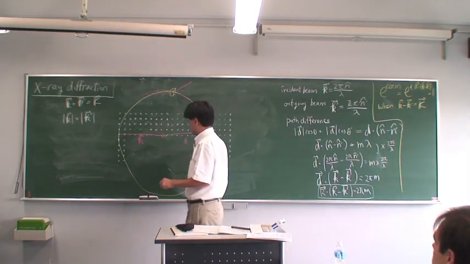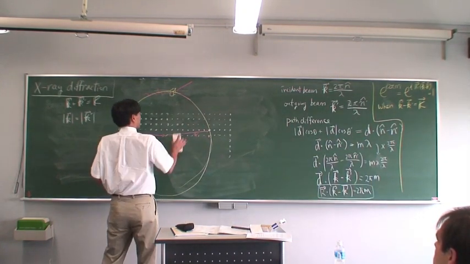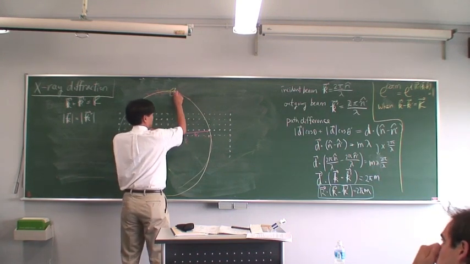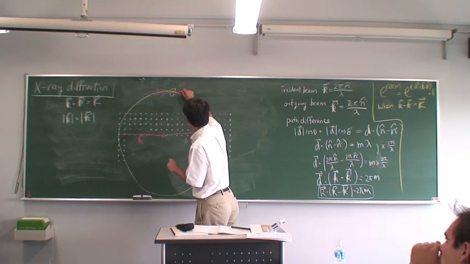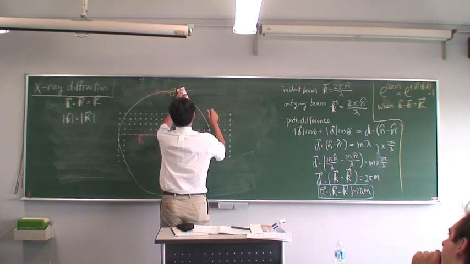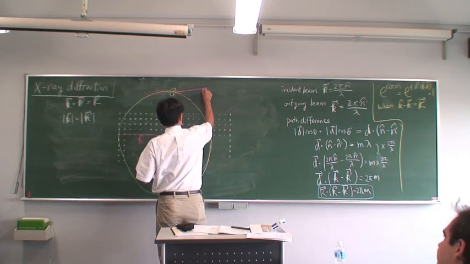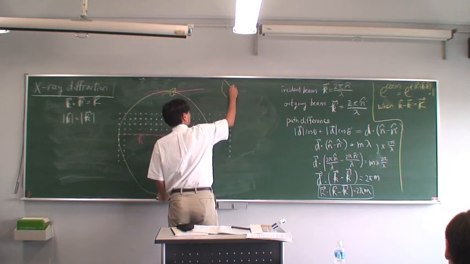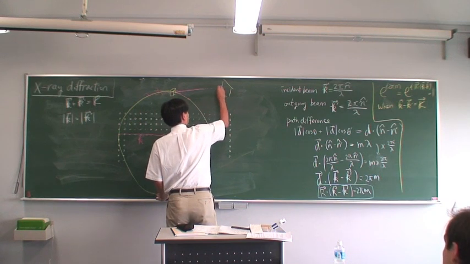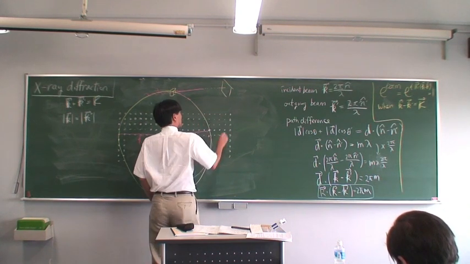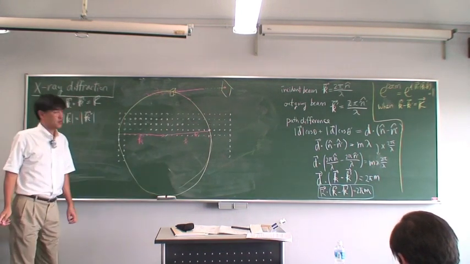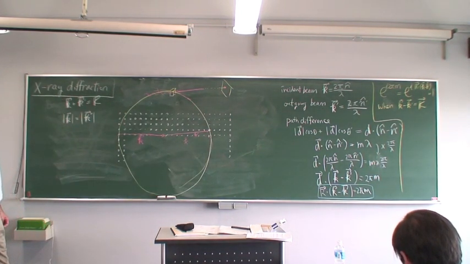So in the real space, we have a screen, and the light coming in this direction becomes strong as spots.